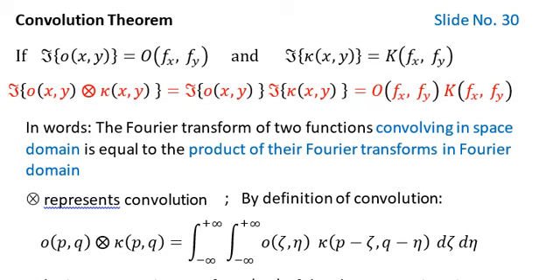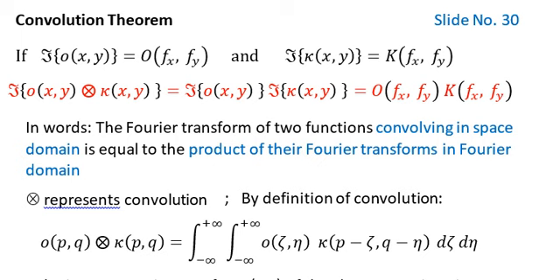So you see that the Fourier transform of the convolution of two functions results in the multiplication of the Fourier transforms. In words, the Fourier transform of two functions convolved in space domain is equal to the product of their Fourier transforms in Fourier domain.